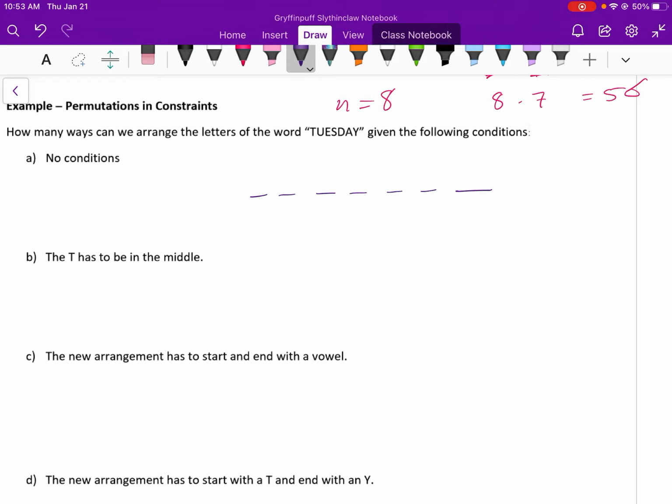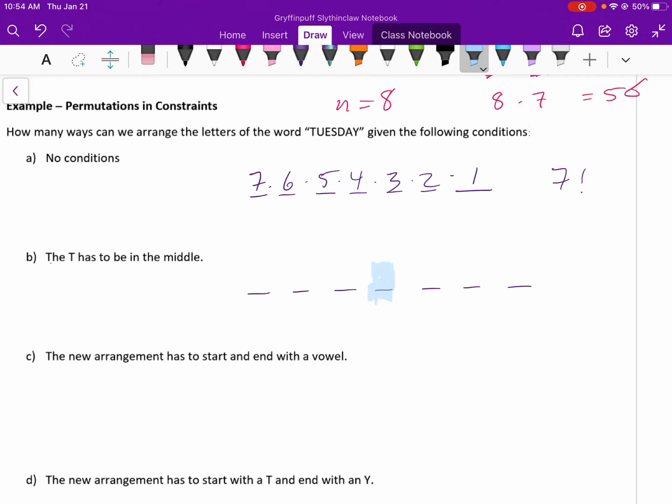First, I notice that Tuesday is 7 letters long: 1, 2, 3, 4, 5, 6, 7. So if there are no conditions, it is going to be 7 factorial. And easy enough, you can take out your calculator and figure that out.